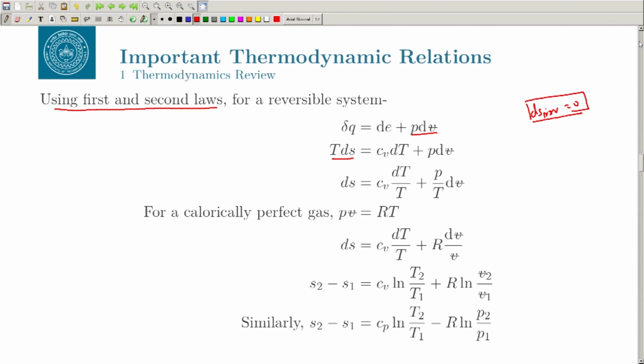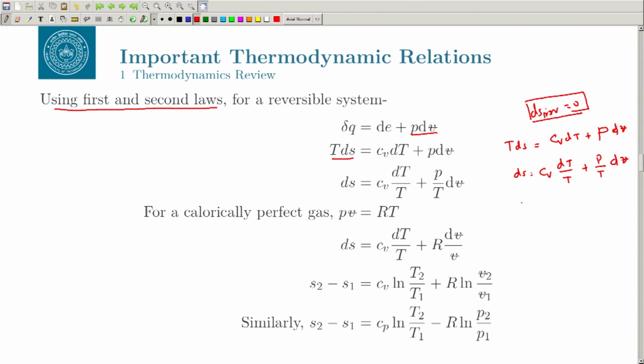So we have T dS equals Cv dT plus P dV. Then it can be written as dS equals Cv dT by T plus P by T dV.